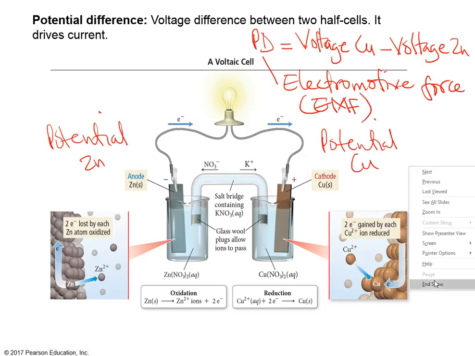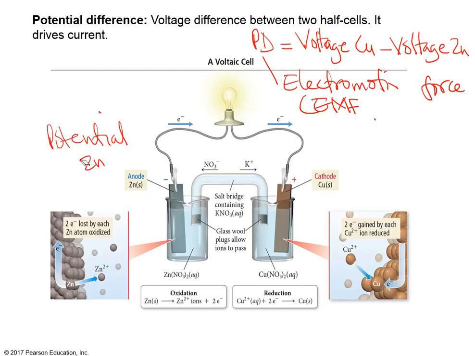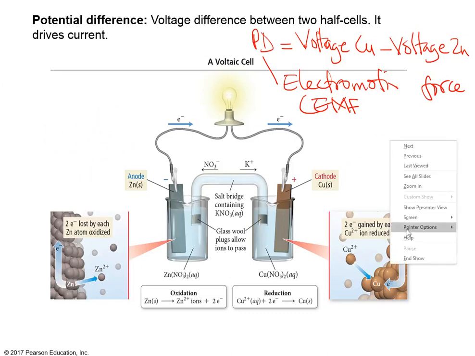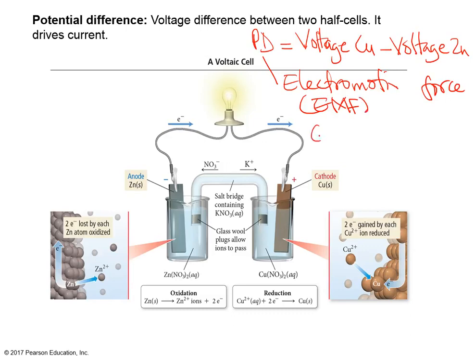So instead of saying EMF, the potential difference of a cell, we just use the word cell potential, which has a symbol E naught.